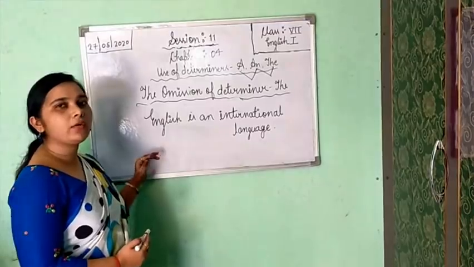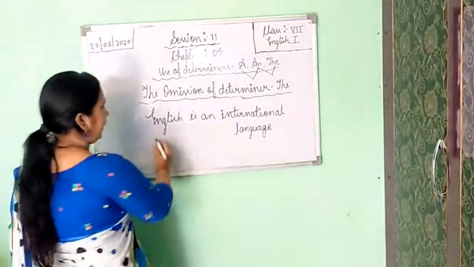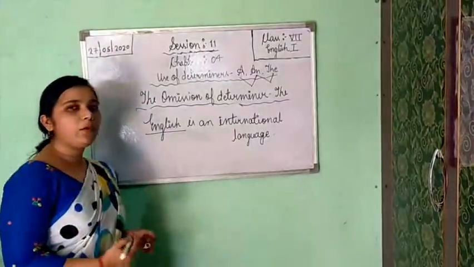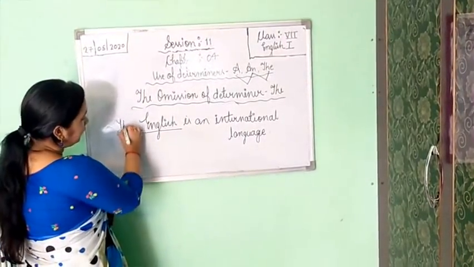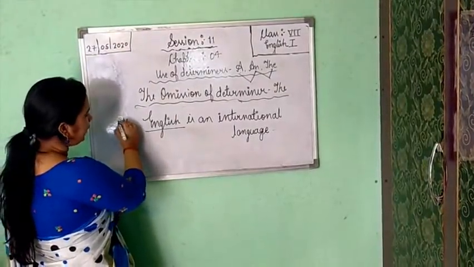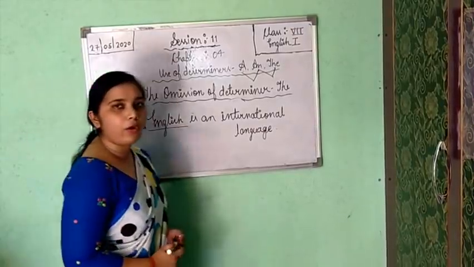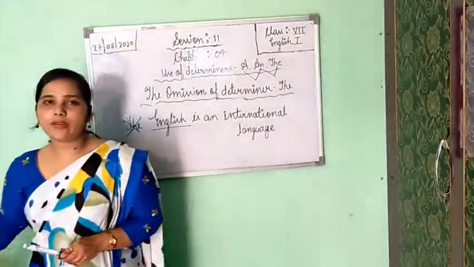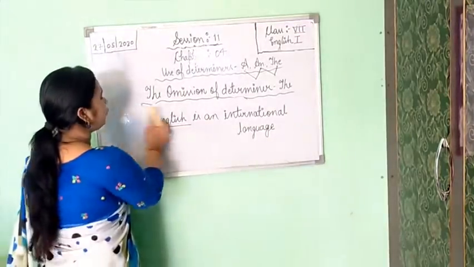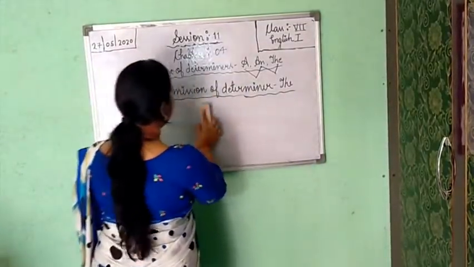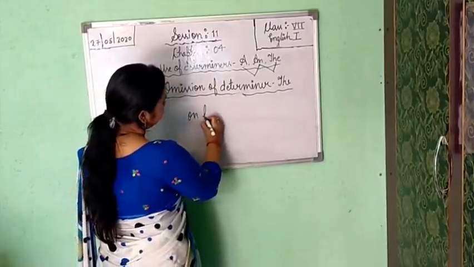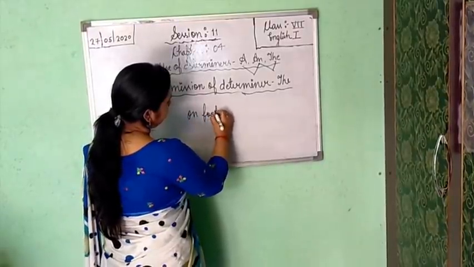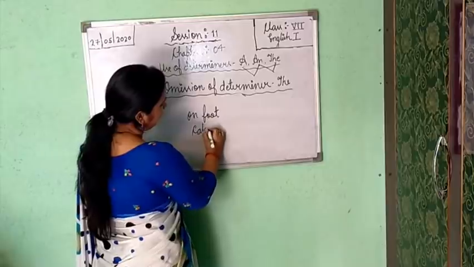Here we are talking about a language, which is English. So before the name of any language you will not apply the. If you are writing "the English is an international language," then it is wrong. Okay. In some phrases too, we don't have to apply the determiner the. For example, on foot, catch fire.